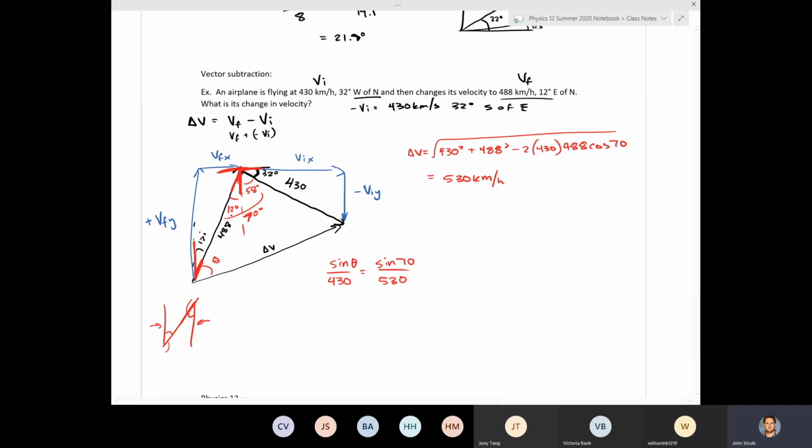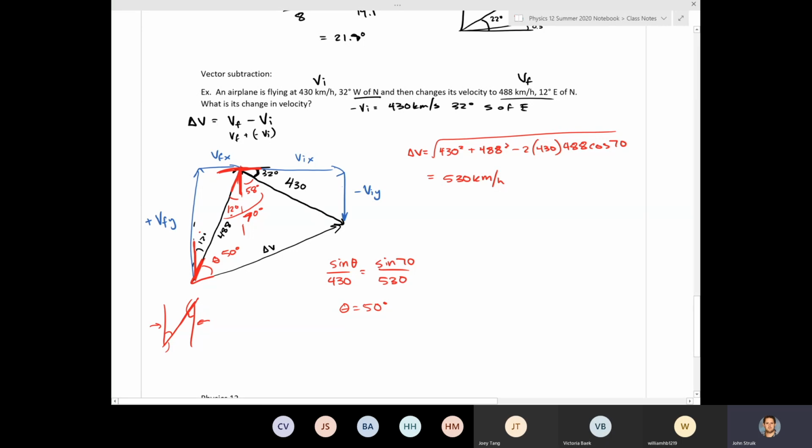So solving for theta, 430 sine 70 divided by 530 equals that, then inverse sine of that. So theta is, let's just call it 50 degrees. 49.7, 50 degrees. So that means this is 50 degrees, but that still doesn't give me my direction. That 50 degrees is just that angle in between in my non-right triangle. I need to relate it to either south, west, north, or east.